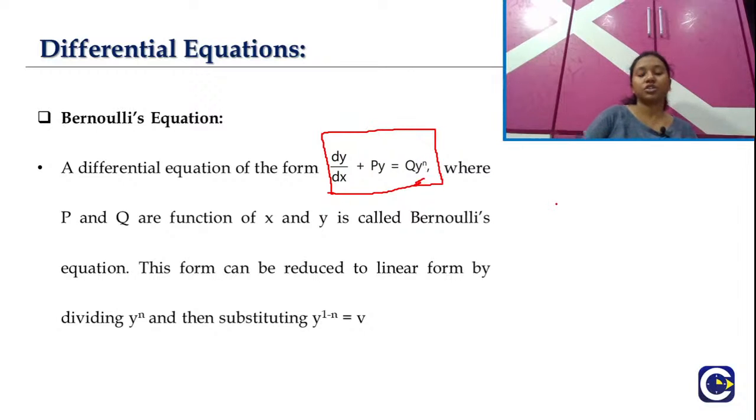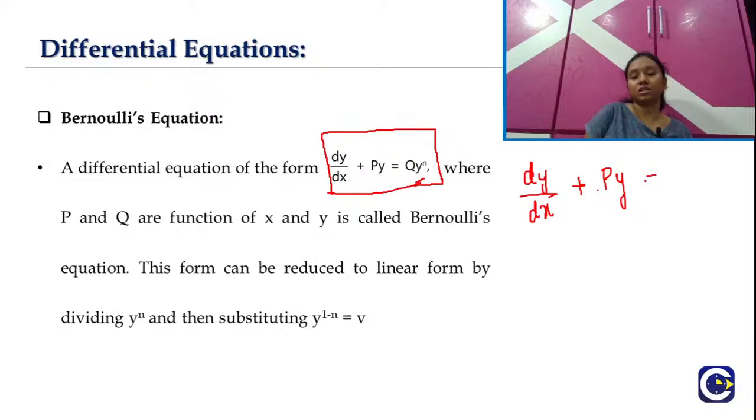Yes or no? So the standard Bernoulli's equation form we have is dy by dx plus P into y is equal to Q into y power n. So this is the new term we have compared to the linear form. Again, P and Q will be either constants or functions of x.